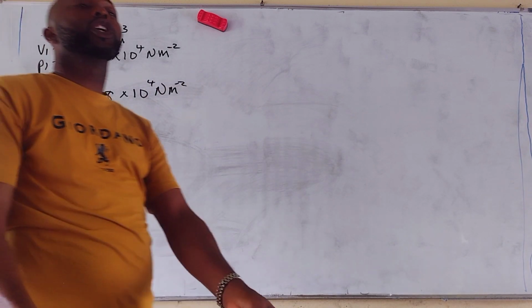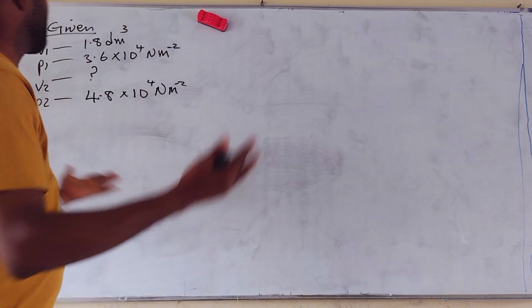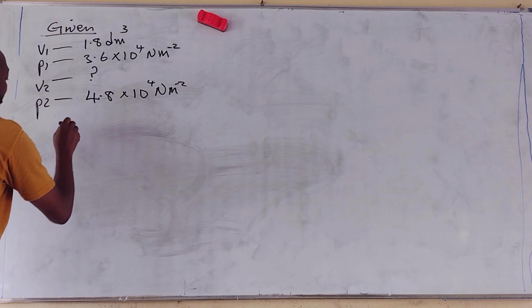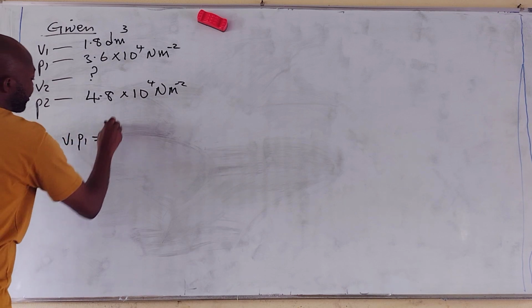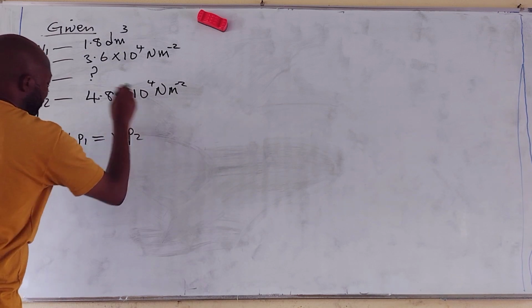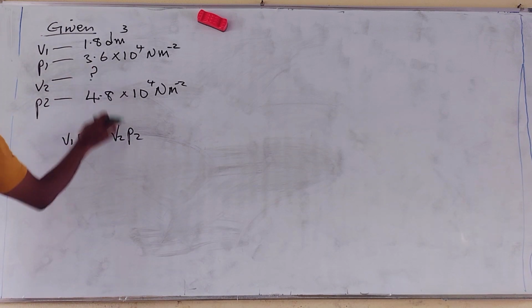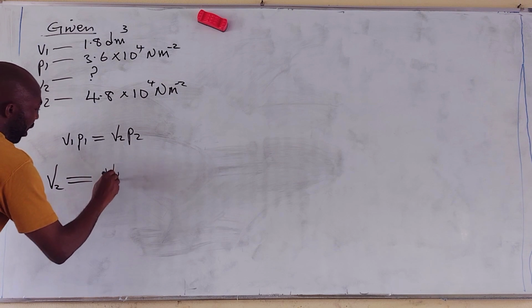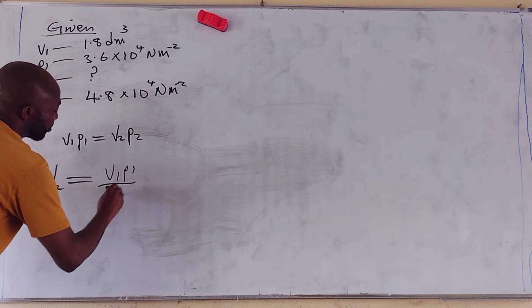We still simply just apply the law, the formula. What does it say? We say our V1 P1 is equal to V2 P2. So if we are looking for V2, we make it the subject of the formula, which is V1 P1 all over P2.